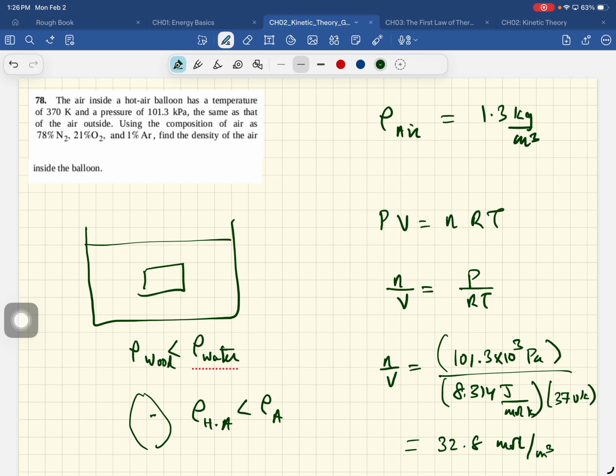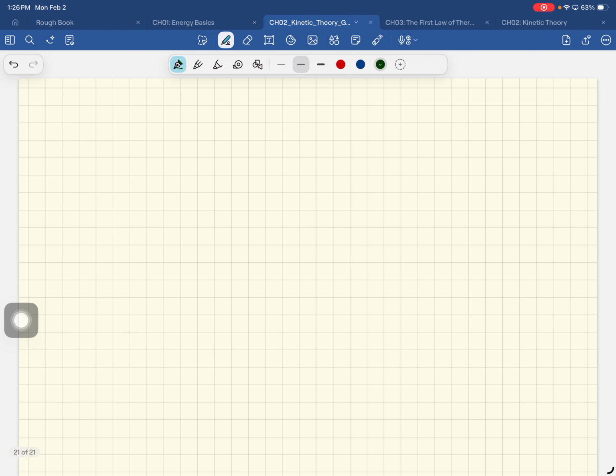So the density of hot air is 0.95 kg per meter cube. This is less than the density of cold air, and that'll rise.